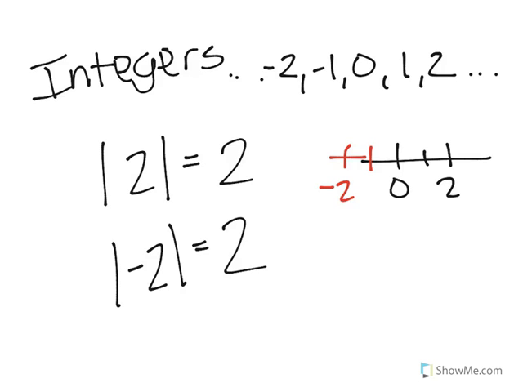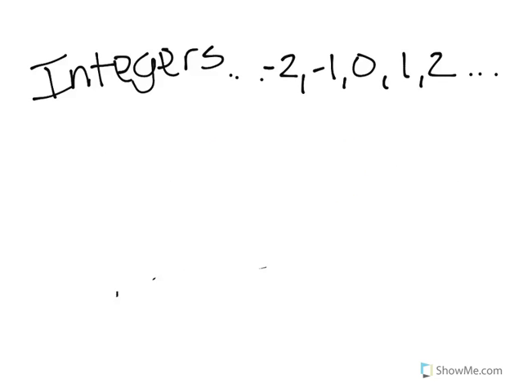Because -2 is 2 units away from 0. Distance must always be positive. You can't travel a negative distance, even if you walk backwards. You just look silly walking backwards, but you're still traveling a positive distance. So again, absolute value of any number is the distance it is from 0, and the number will always be positive.